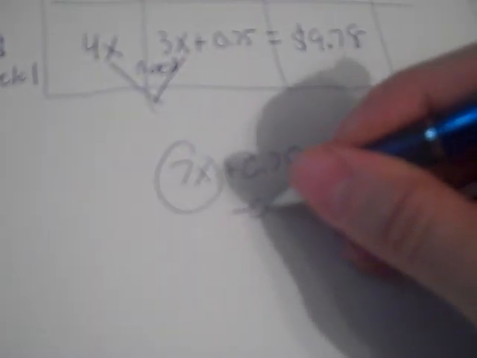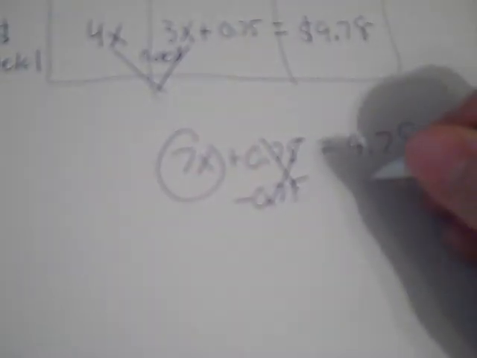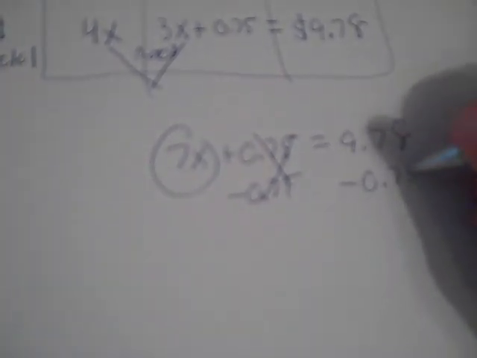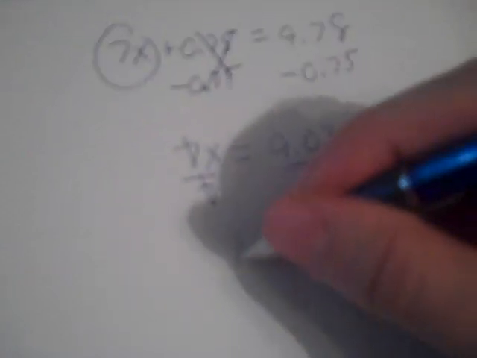Okay, so minus 0.75 minus 0.75. 7x is going to equal 9.03, and then we'll divide by 7. So 9.03, $1.29.